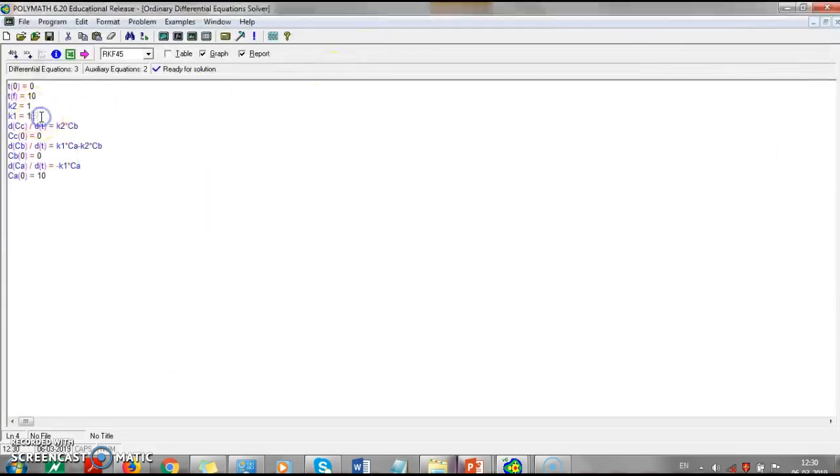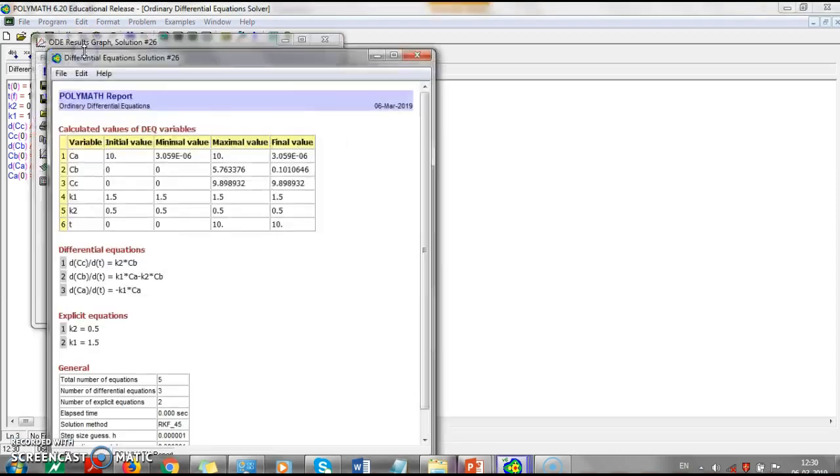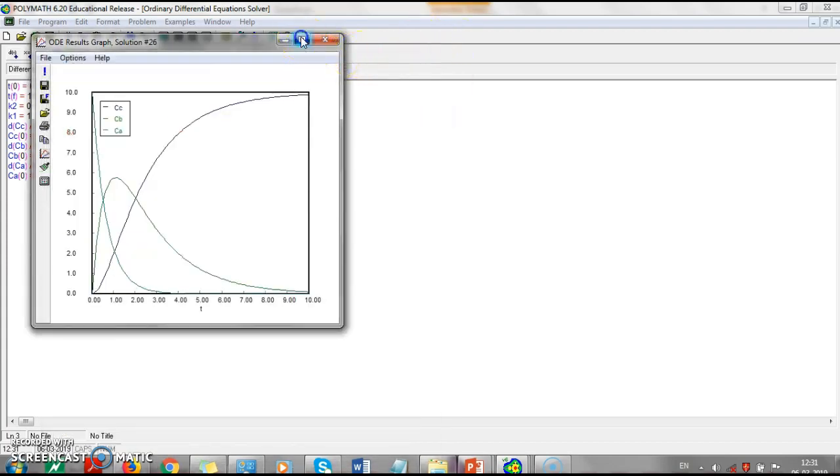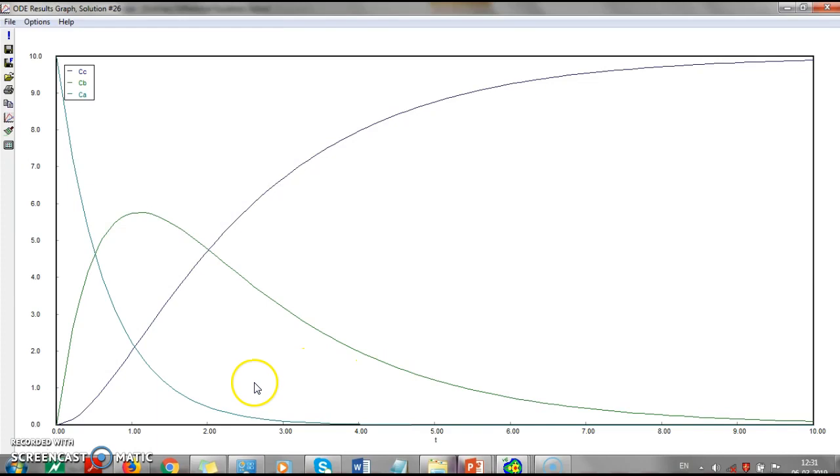If I make K1 1.5 and K2 0.5, and I am increasing the difference between the two, I can see that this is 5.7, and another thing which is happening now is that the concentration of Cc has decreased a little bit.